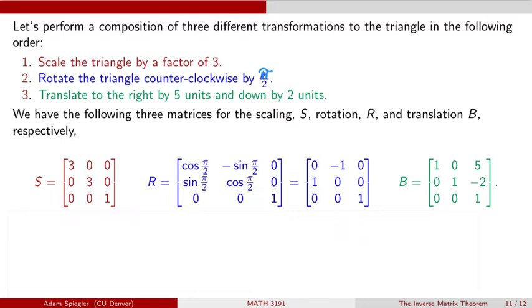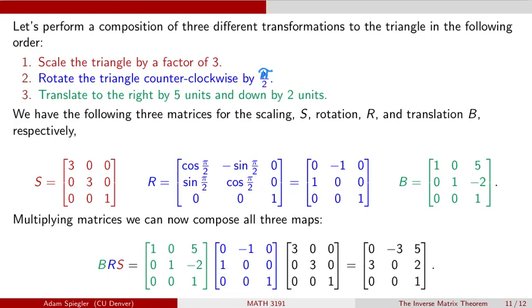And so now, applying these three operations in this particular order, first S, then R, then this translation by matrix B, we can apply this by taking the product of these matrices in the appropriate order.